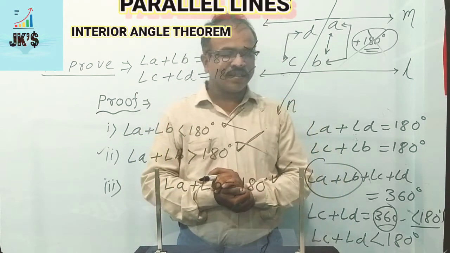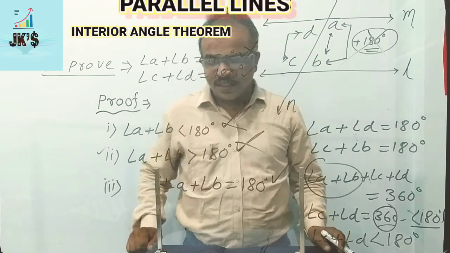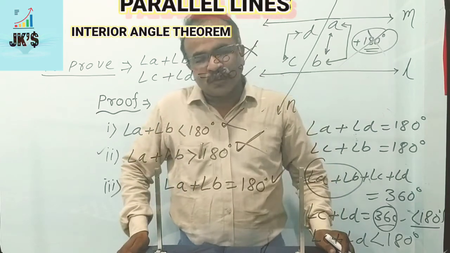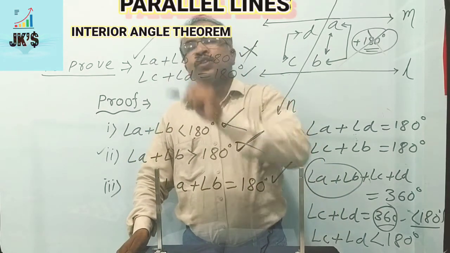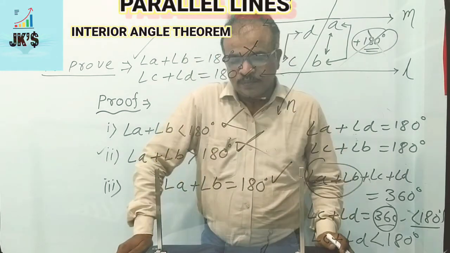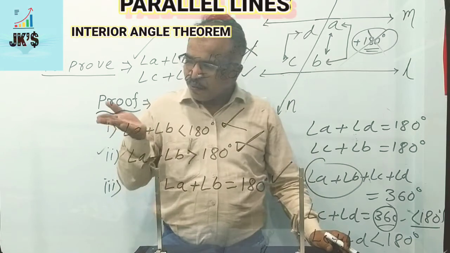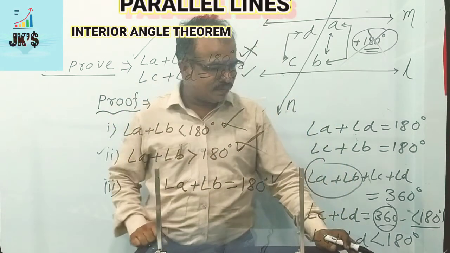Hence, the third possibility, that is angle A plus angle B equals 180, is true, and this is our first proof proved. There are total three possibilities. First possibility is angle A plus B is less than 180.